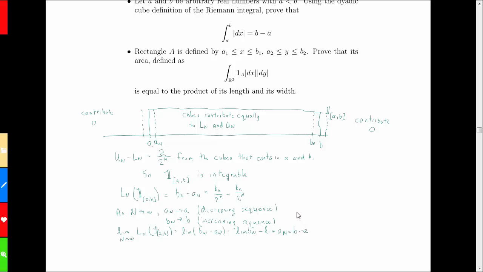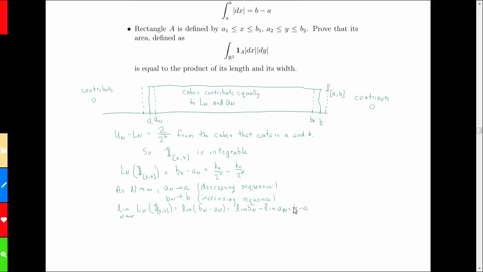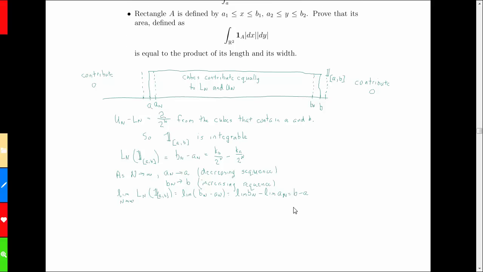And we've done it. We've proved that with our dyadic cube definition of integral and the definition of volume as the integral of the indicator function, the length of the interval from b to a is exactly what you'd hope. It's equal to b minus a.